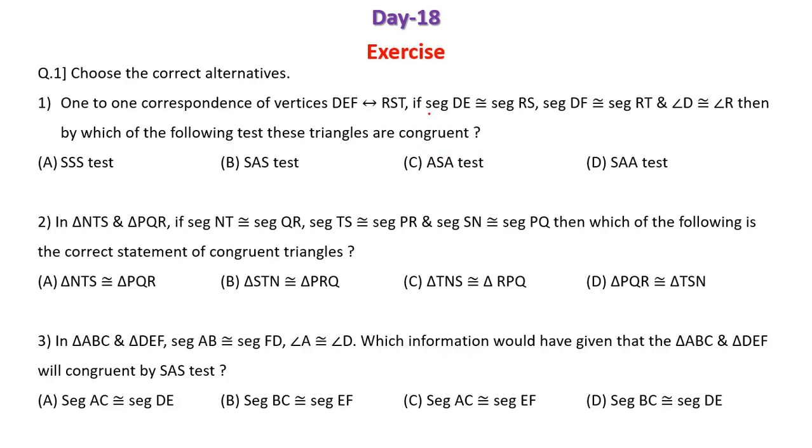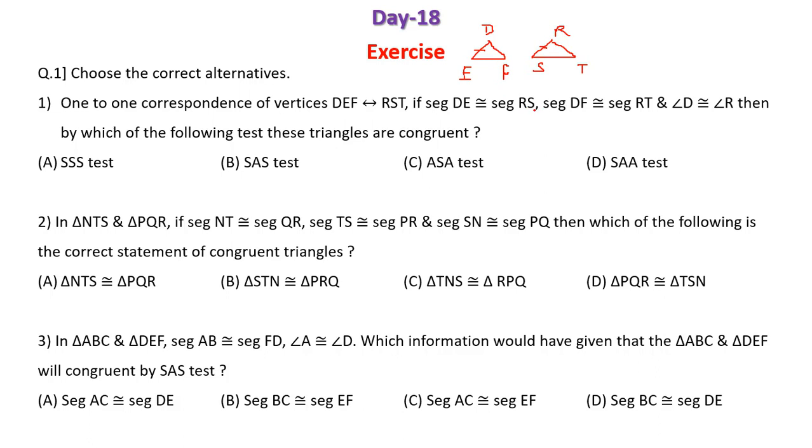Actually, we draw here two triangles in this way, right? DEF, D, E and F. Here R, S, T. DE congruent RS, right?